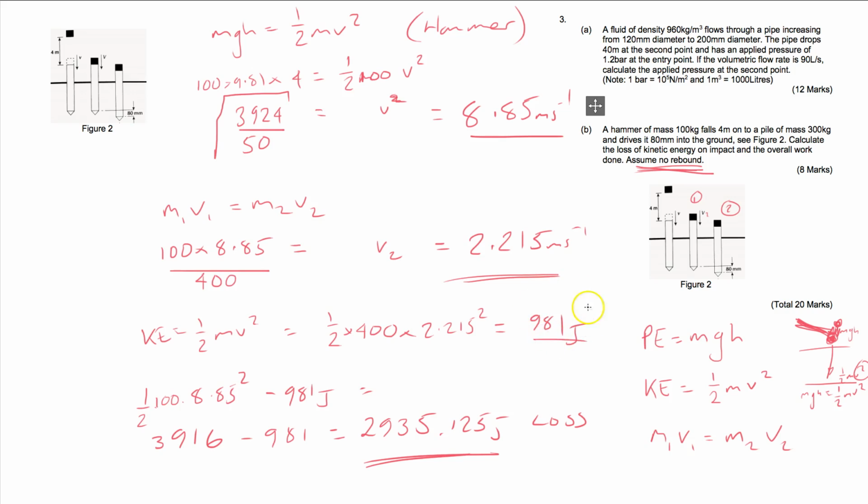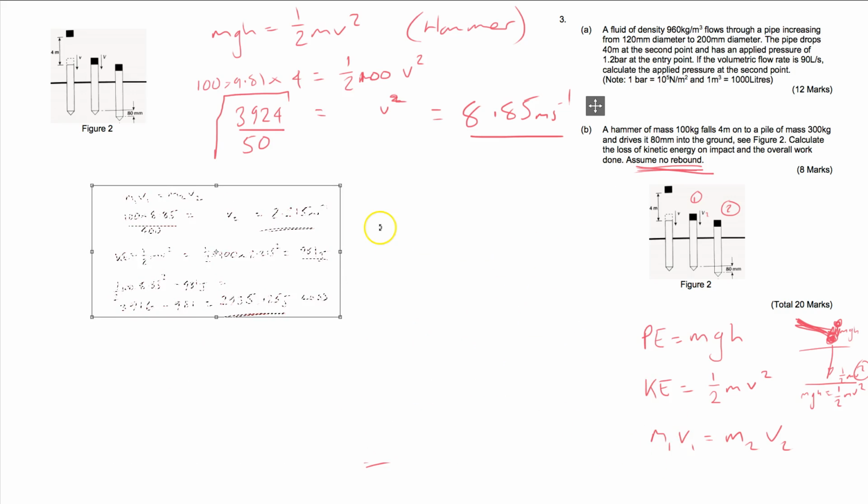That's our kinetic energy, but we also need the potential energy of this unit here. So the overall work done, right, I'm going to make some of this smaller. There we go. Well, you could do that in your real exam.